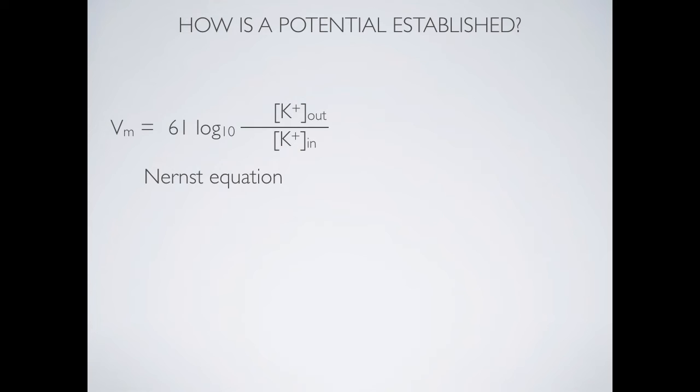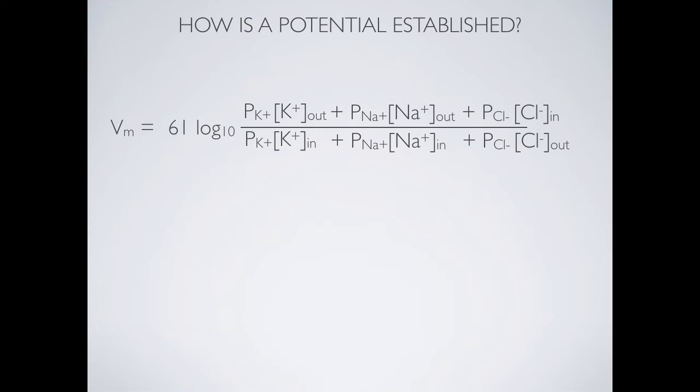So we take the Nernst equation, and now we're going to add a parameter to it. It's really a variable: the permeability. Now, if that was the end of it, then the P's would just cancel out and you'd be right back to the Nernst equation. But instead, what we can simultaneously do is factor in all ions that matter to the membrane. Those tend to be potassium, sodium, and chloride.